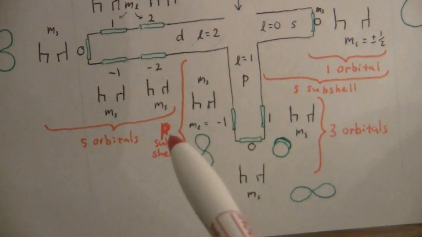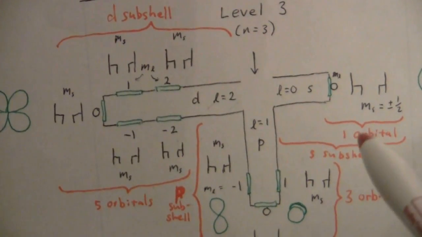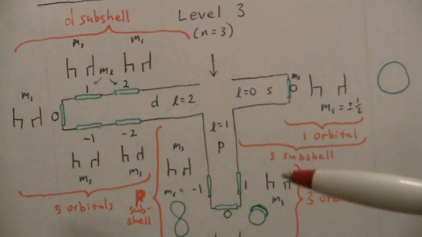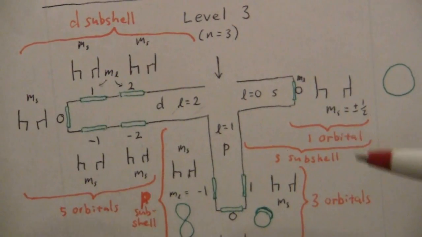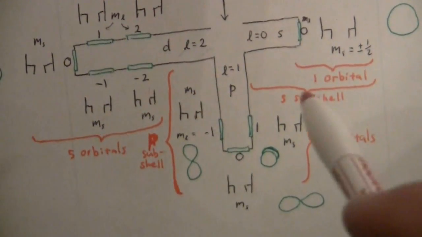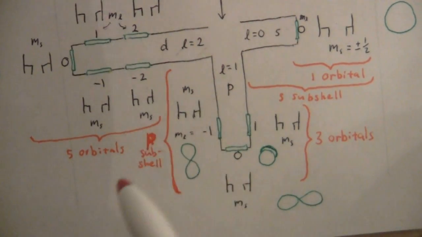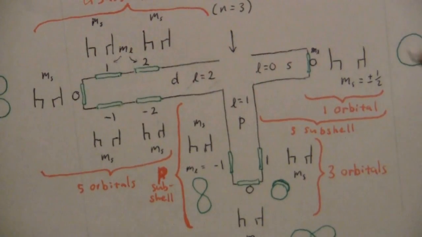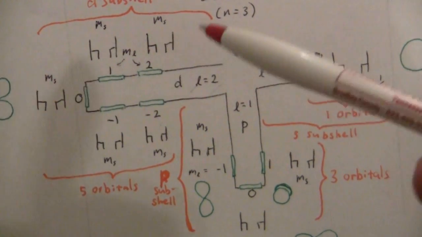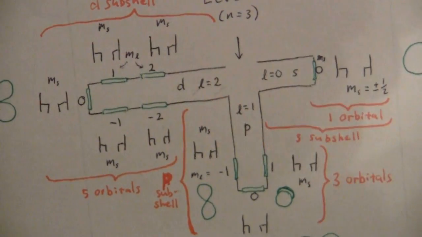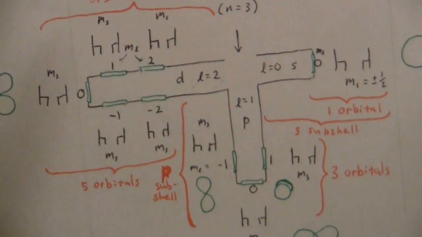Okay, there's the S, the P, and the D subshell. And then within the subshell there are the orbitals. There's 1 s orbital, there's 3 p orbitals, there are 5 d orbitals. Okay, and within each orbital there's a maximum of 2 electrons.